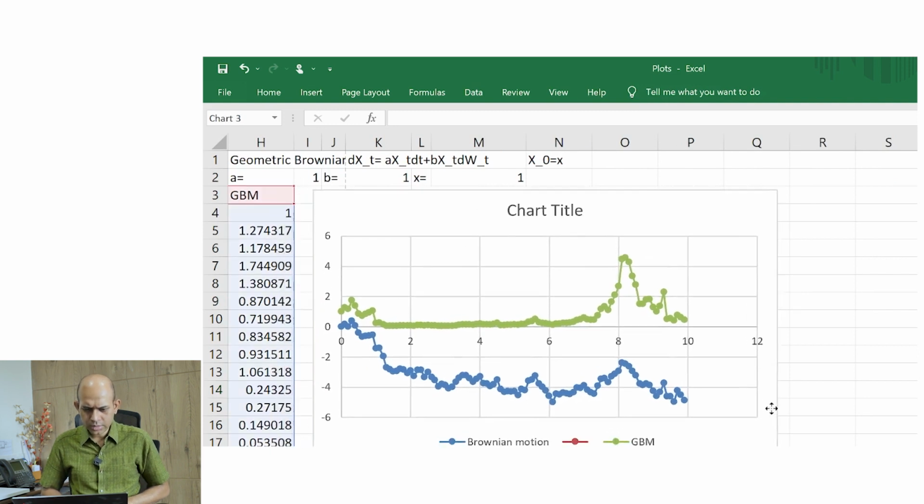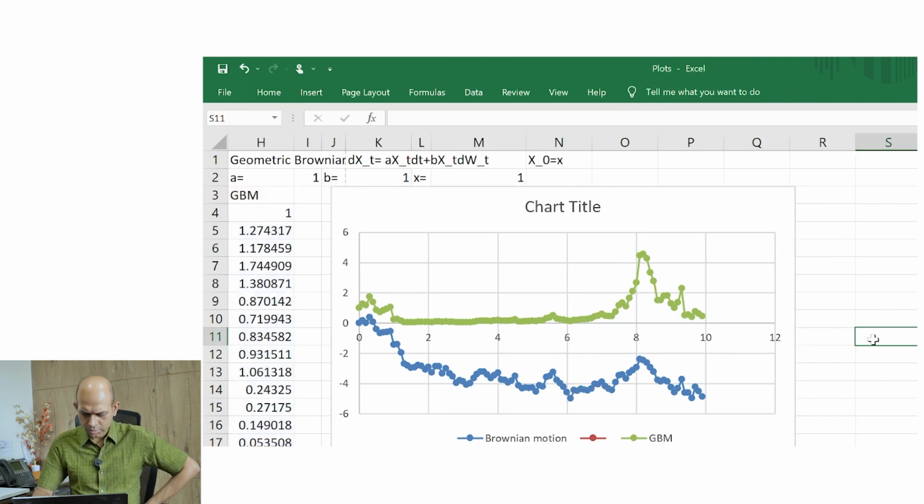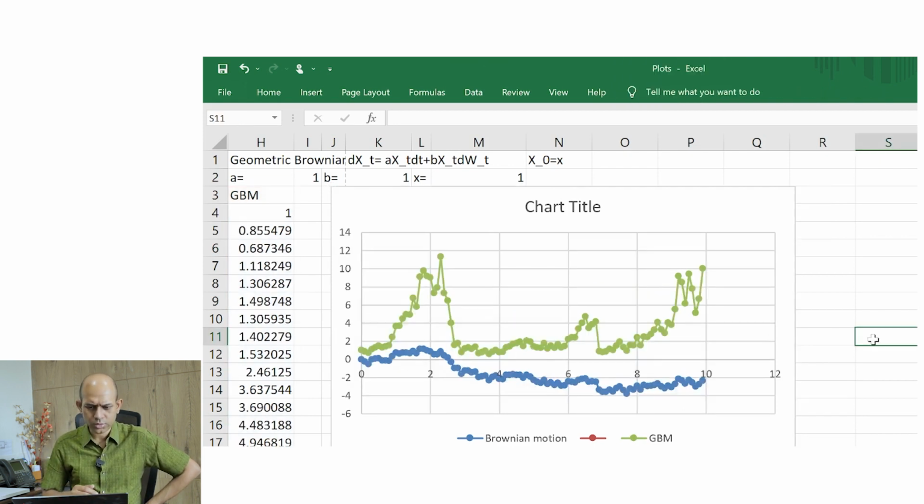Here we can see that this green line represents the path of geometric Brownian motion, and the blue line represents the path of Brownian motion. If I recalculate this by pressing F9, we obtain another dynamics, another realization of the same dynamics.